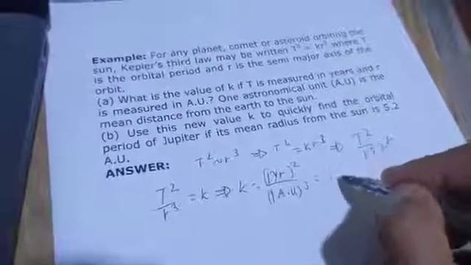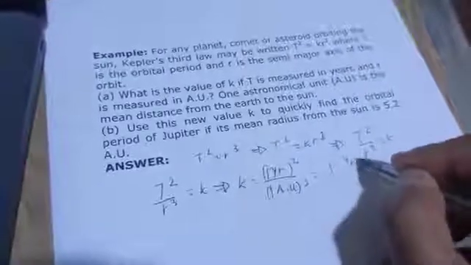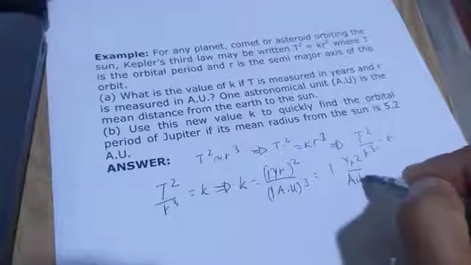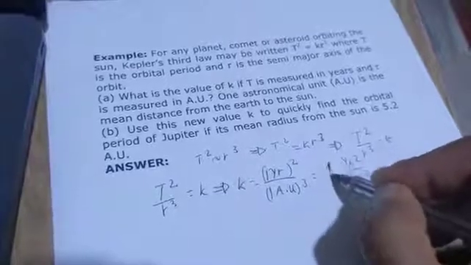This is 1 year squared over astronomical unit cubed. This is the value of K. This is concerning part A.